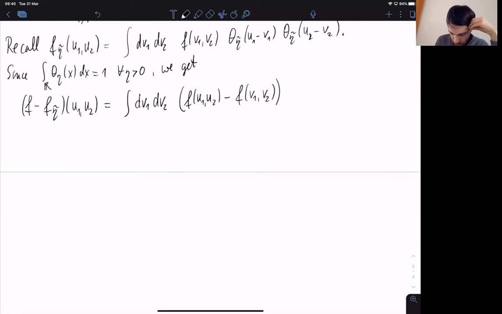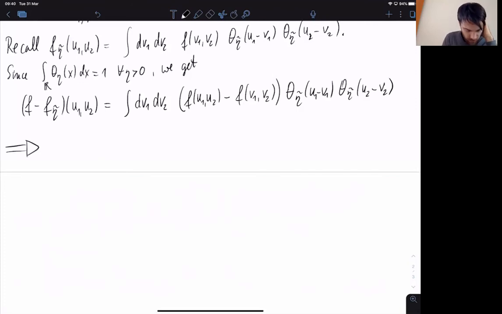And then I have these two thetas, u1, v1 and u2, v2. Now I use that f is bounded and Lipschitz.